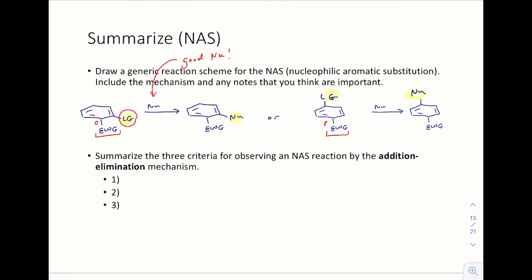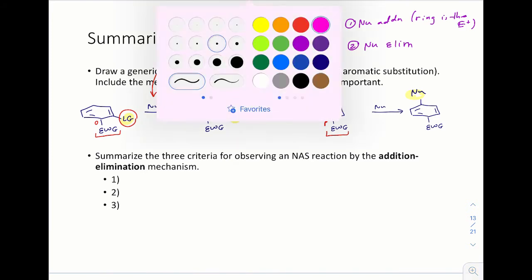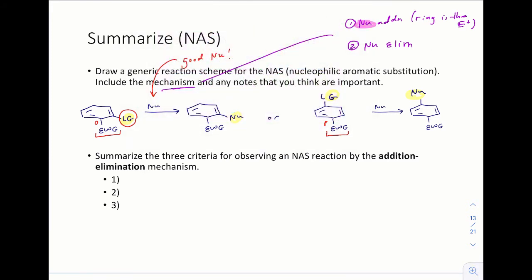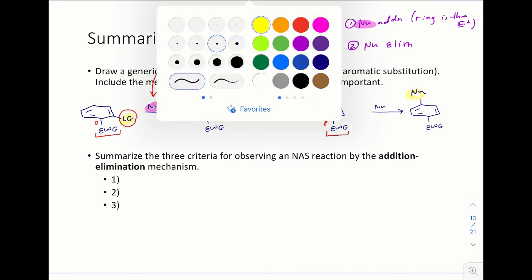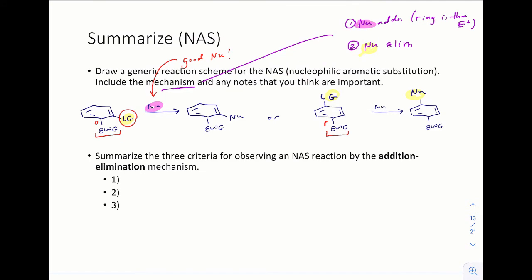The electron withdrawing group, though, must be ortho or para to the leaving group. This proceeds via a nucleophile addition step, followed by a nucleophile elimination step. The nucleophile that adds is the nucleophile that is treated with the ring. The nucleophile that is eliminated is the leaving group that was initially there.